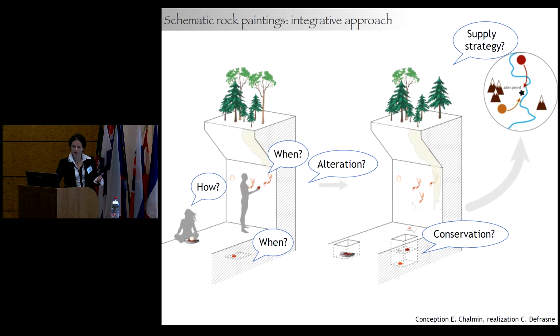Because we can't have access to absolute dating, we need to cross a maximum of information to be able to create the chronology of this large corpus. We also address alteration, conservation, and we want to understand the supply strategy for the coloring material.